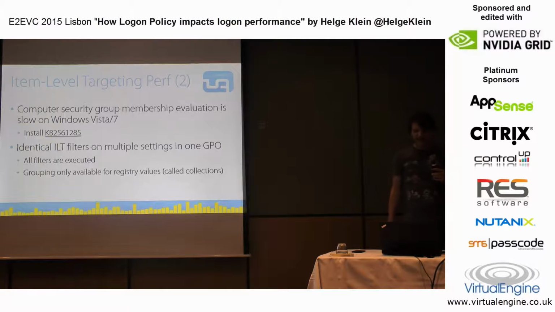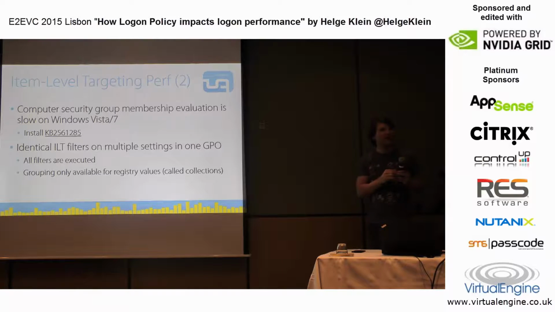Now an interesting thing is, when you have one group policy object with 100 environment variables or registry values that are set through group policy preferences, let's talk about environment variables. You don't have collections or groups there.